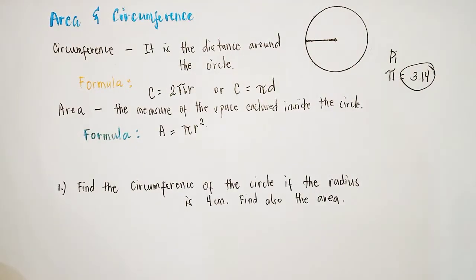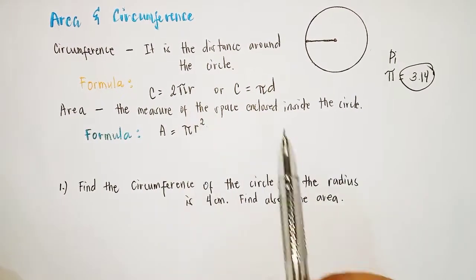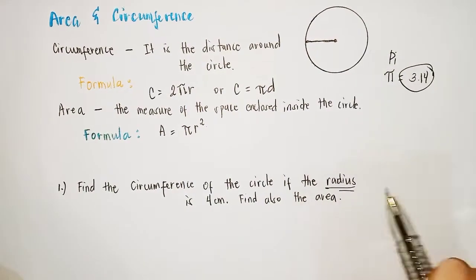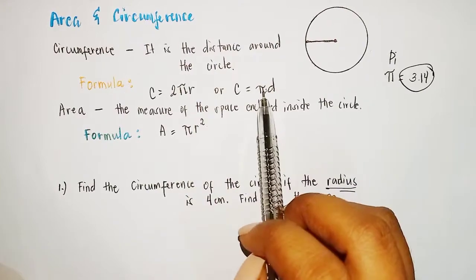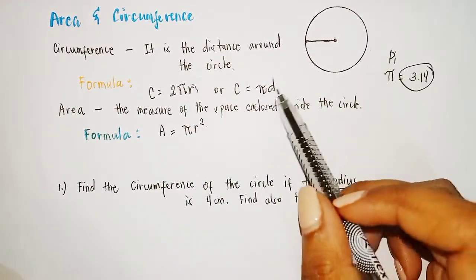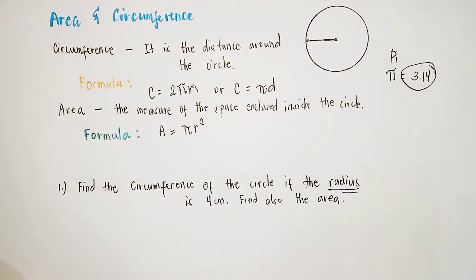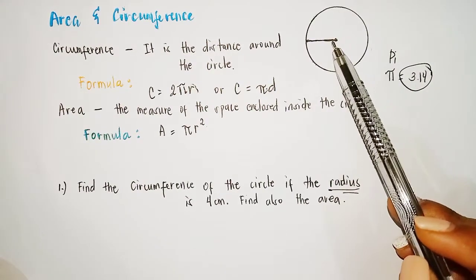Okay, so how are you going to find the circumference? Of course, we're gonna use the 2 pi r. Since given natin is radius, of course, kung mamimili ka dito sa dalawang to, ang gagamitin mo na lang is etong may radius na given. Kasi hindi naman given si diameter. And remember, sinabi ko na sa unang video na ang diameter is double the radius, or dalawa ng radius.